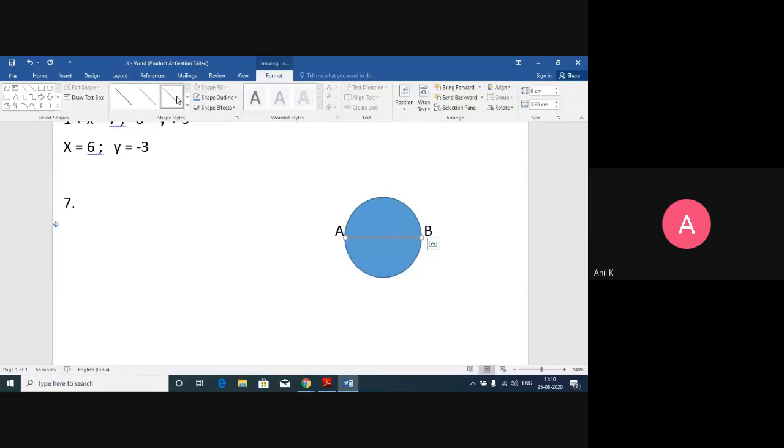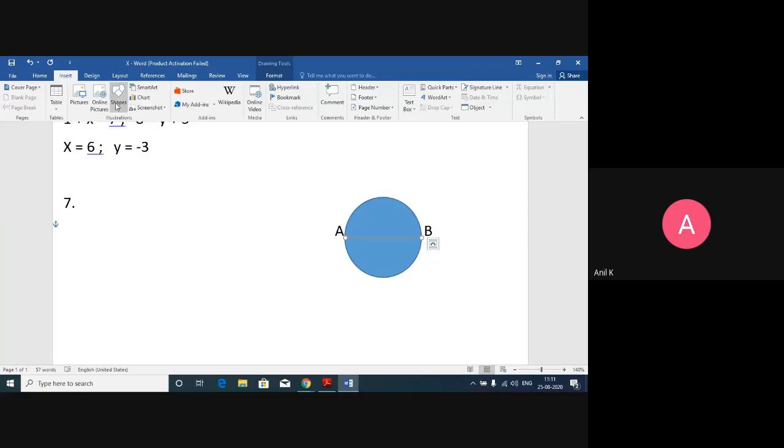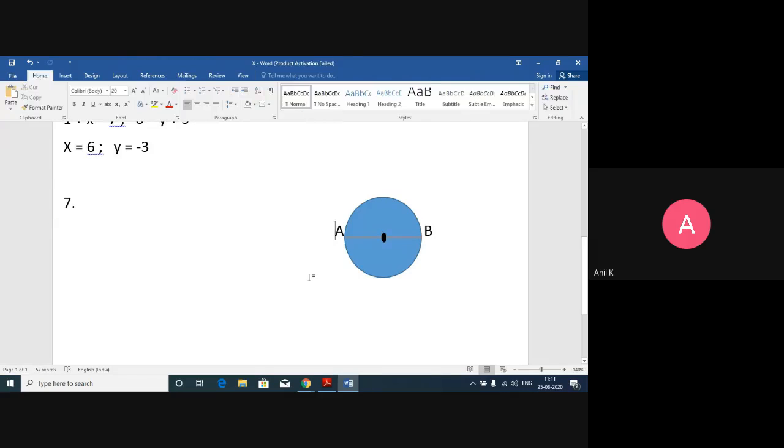So here AB is the diameter, and where should C be? Somewhere between them. Let me see if I can. That C is not visible. Okay, so somewhere here you take. Let me put it this way. Insert shape. Let me put some point here. That black color represents the center point C.